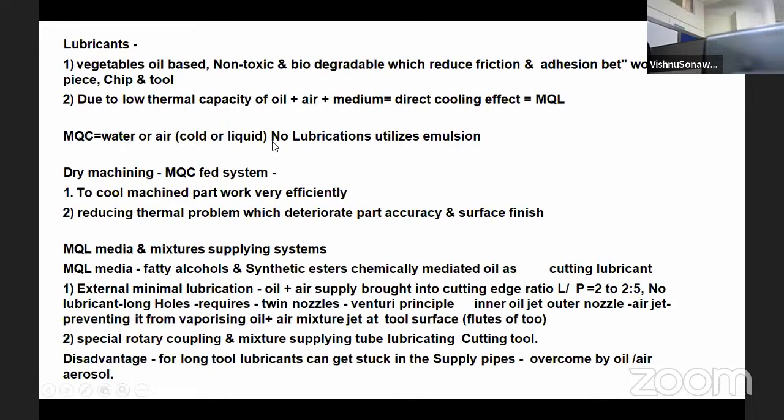The lubricants we are using are vegetable oils, non-toxic and biodegradable, to reduce the friction and adhesion between the workpiece and the tool chip. In MQC, minimum quantity lubrication media is used.